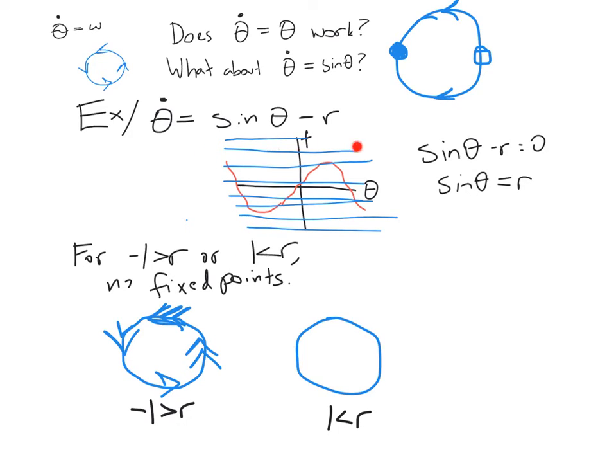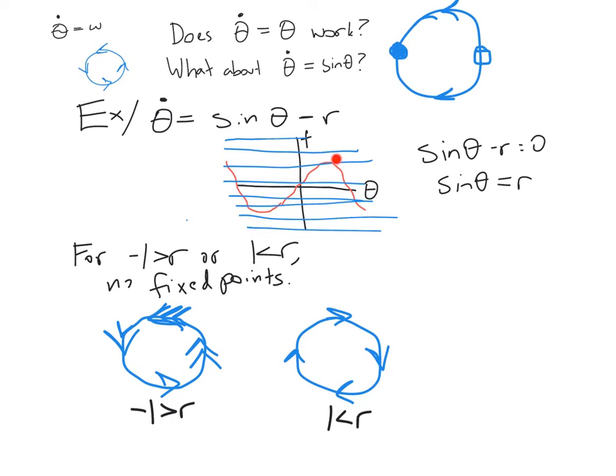What if r is just a little bit greater than 1? Okay, in this case, r is positive, and it's always bigger than sine theta, so when we subtract it, we're getting a negative number. So we always have a negative number. That means we're going in this direction around our phase plot. And let's see, when are we slowest? Right now, these two curves are closest together at pi/2.